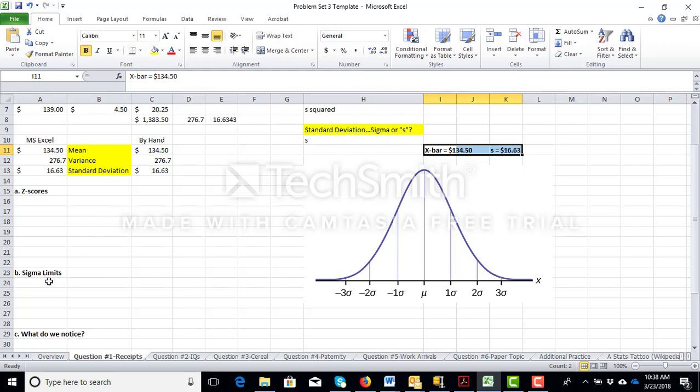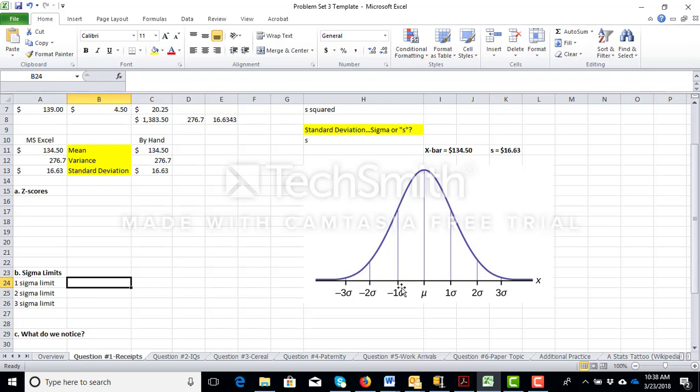I'm going to jump over here to part B. Okay, so 1 sigma limit, 2 sigma limit, 3 sigma limit. Oops, please forgive my typos. So the 1 sigma limit would be the average minus $16.63.